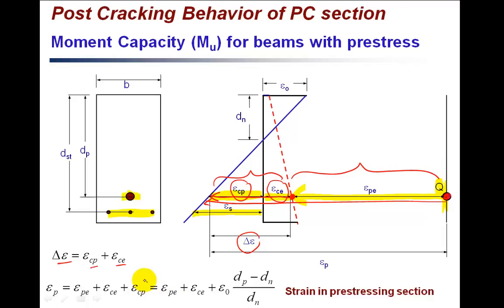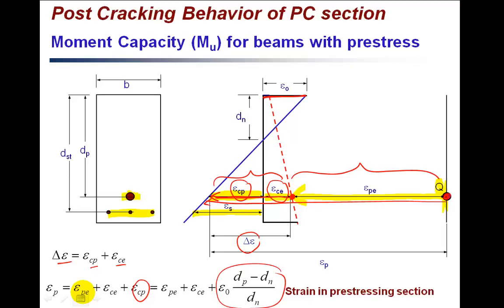We can express epsilon Cp in terms of epsilon naught, the strain at the compression fiber, as we do for the strain compatibility equation for reinforced concrete. We can express it in terms of the strain in the concrete. That will give you the strain in the prestressing wire at the time of failure.